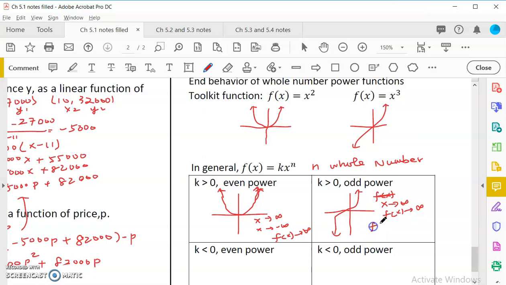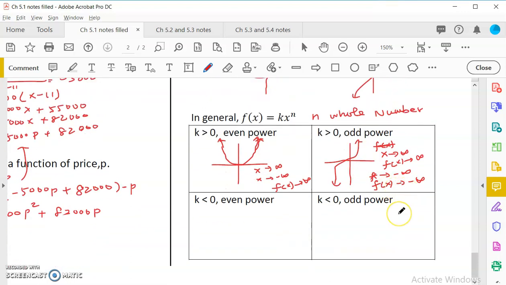When x approaches negative infinity, f of x also approaches negative infinity. They drop on the left and then rise on the right when the coefficient is positive.